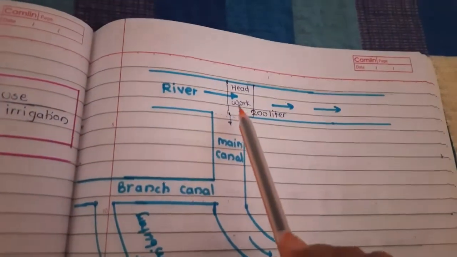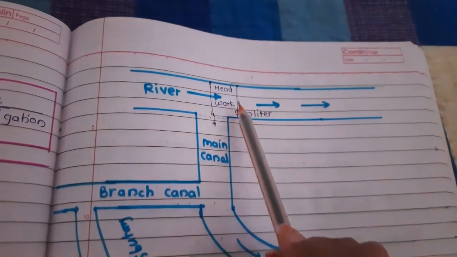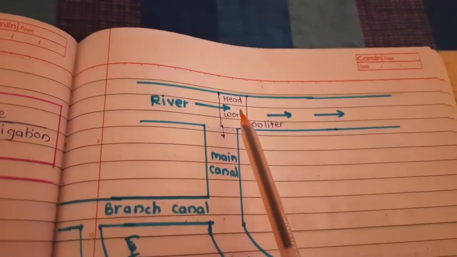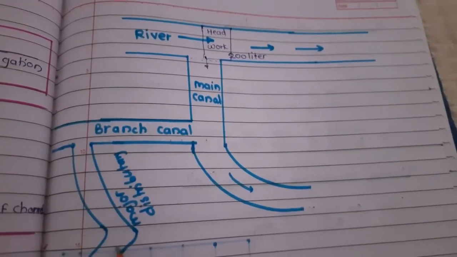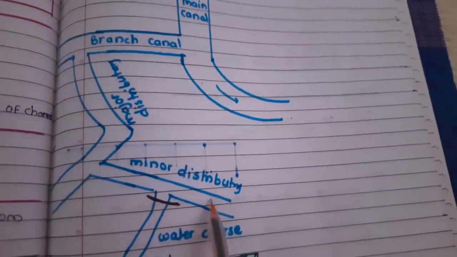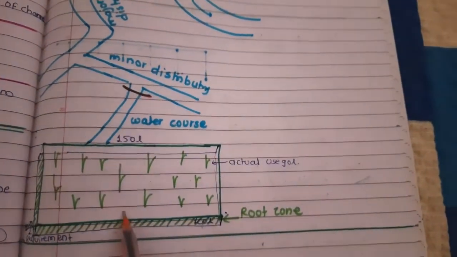See the diagram. This is a river. Here is the headwork, main canal, then branch canal, then major distributary, then minor distributary, then water course, and this is a field.